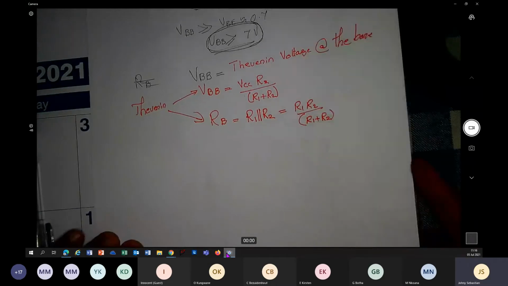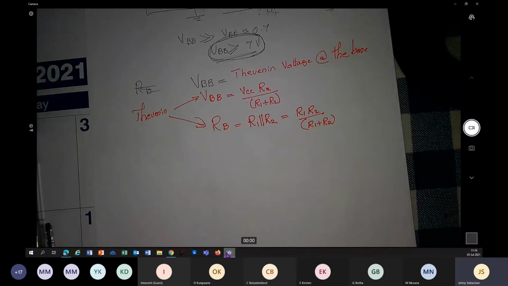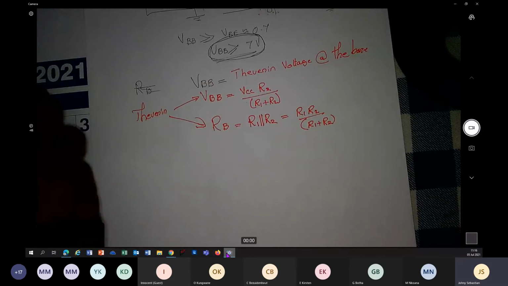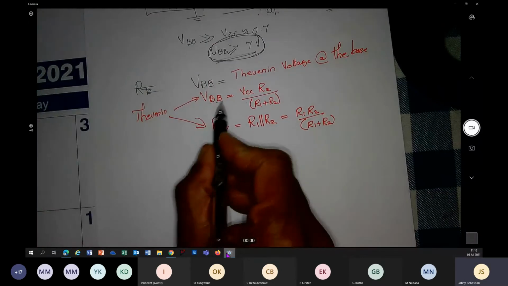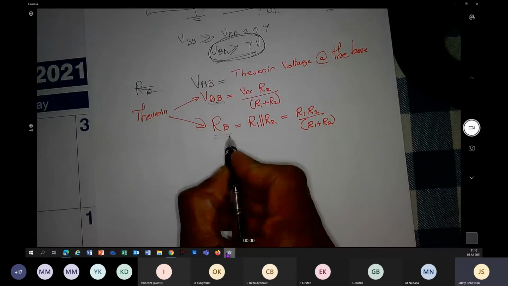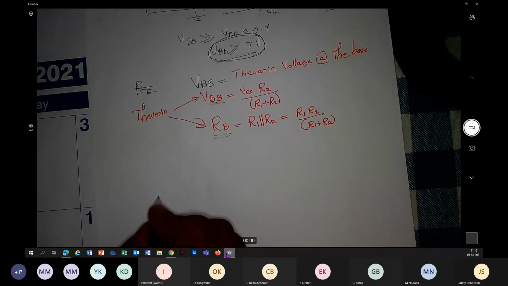We did up to Thevenin voltage, Thevenin resistance. Thevenin voltage is VBB. Thevenin resistance is RB. So what do we have? We can make a Thevenin equivalent circuit.